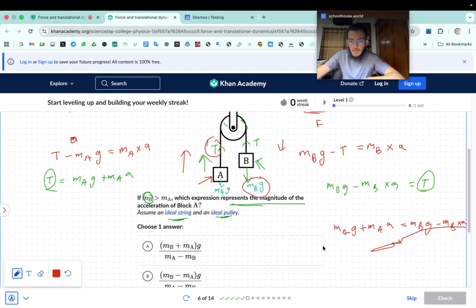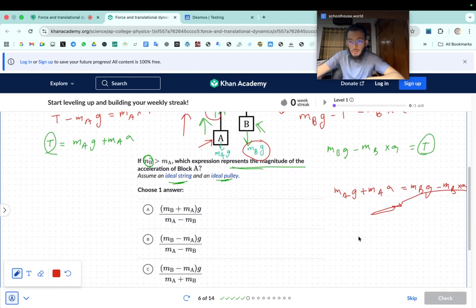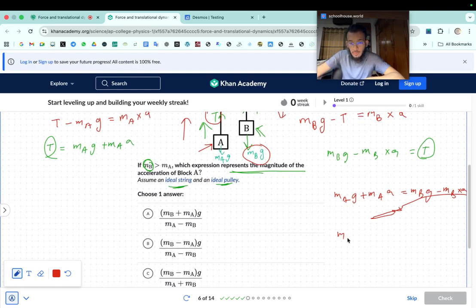They want us to find acceleration, so we'll group like terms here.